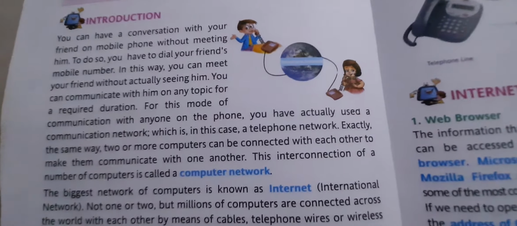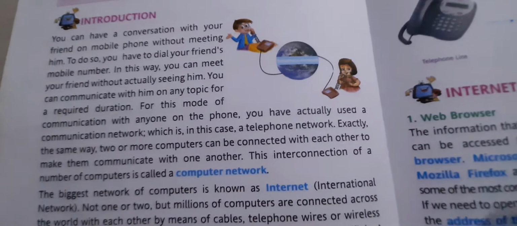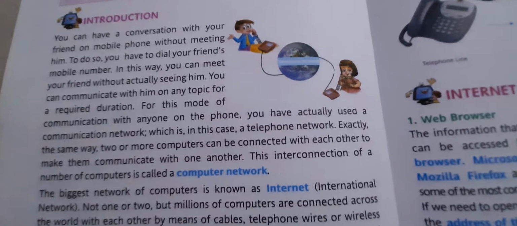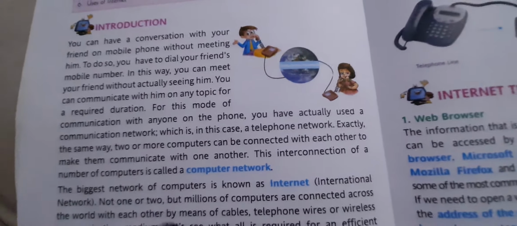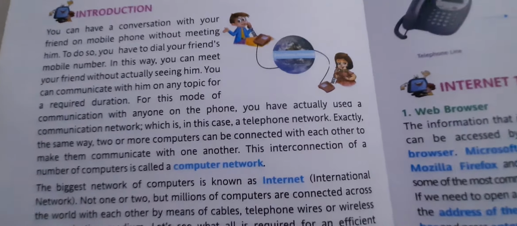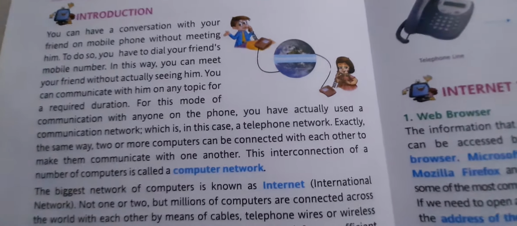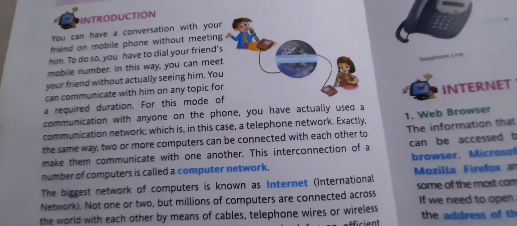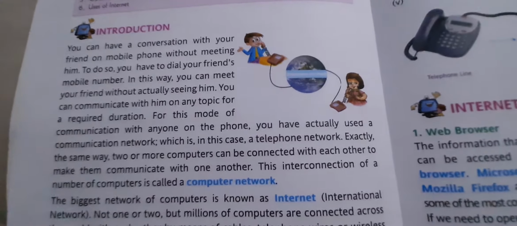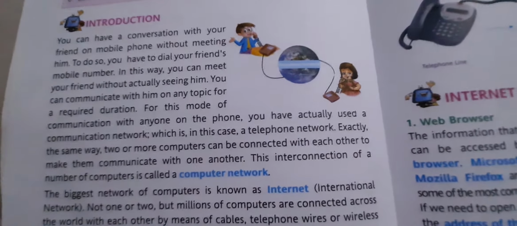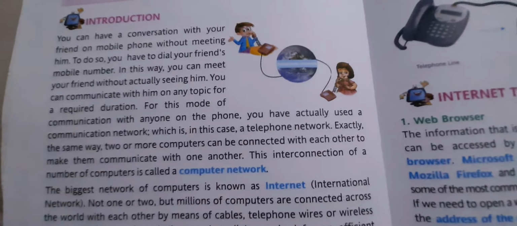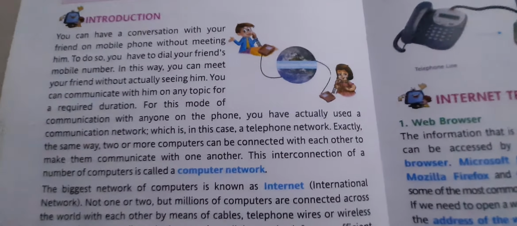Same way, two computers or many computers can connect with each other through the internet. And the first and foremost reason they connect is so as to communicate with each other. So that is why this term communication is very important. Why do we have facilities like the telephone network or internet or various other things?